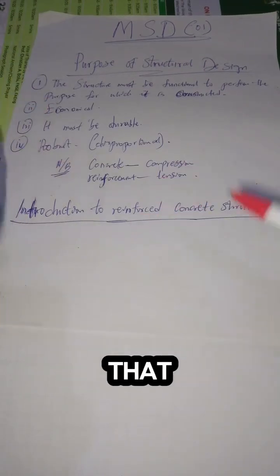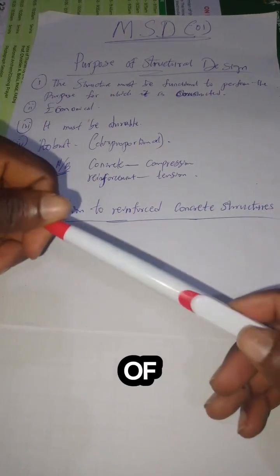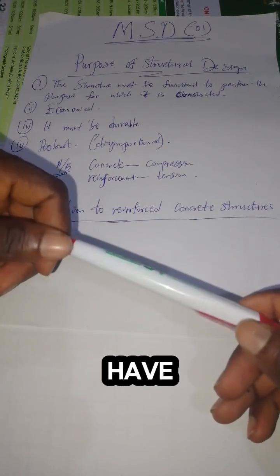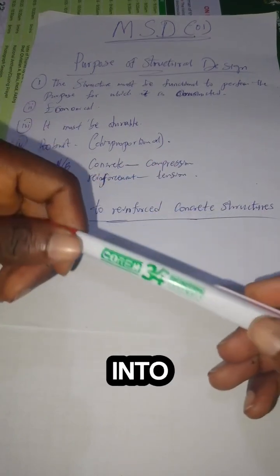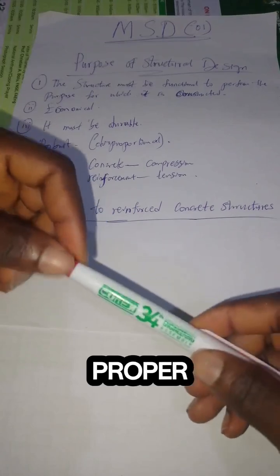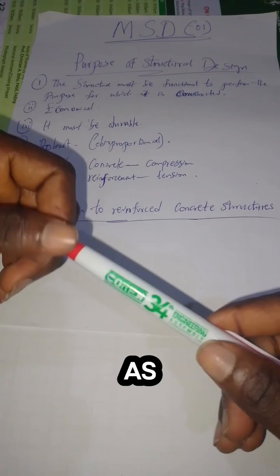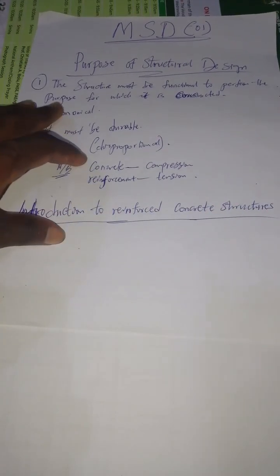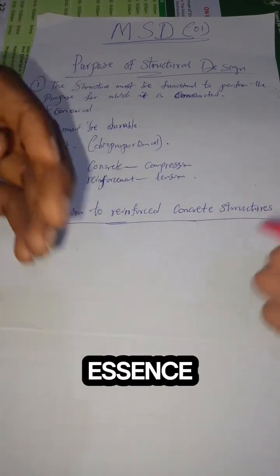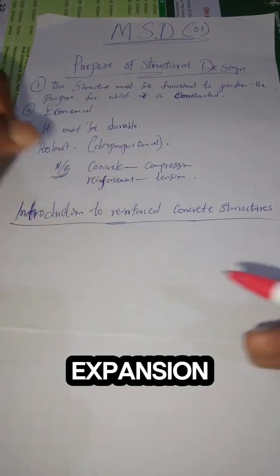It is important that we understand the rudiments of the structures. We have to get to know these preliminaries before we head into design proper. Like I said, concrete as a semi-plastic material is good in compression but very weak in tension. In essence, it can resist crushing but not expansion.